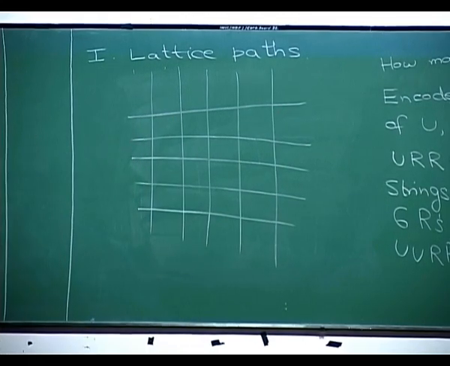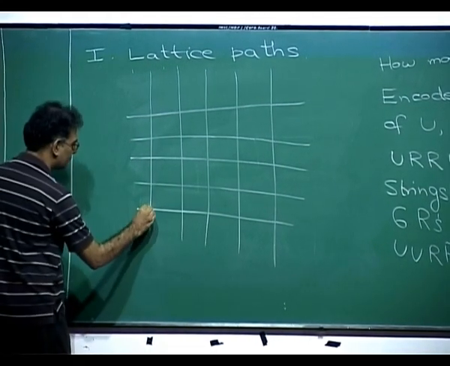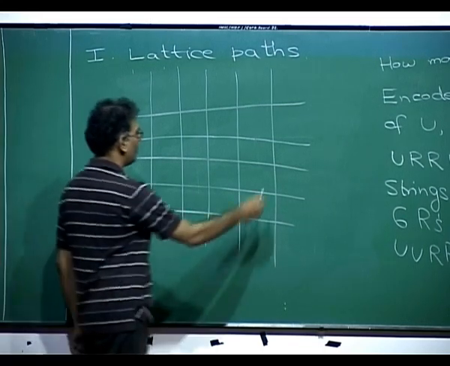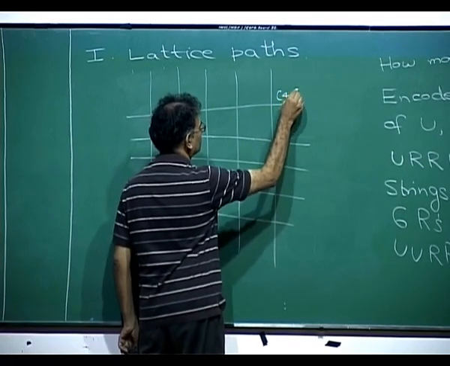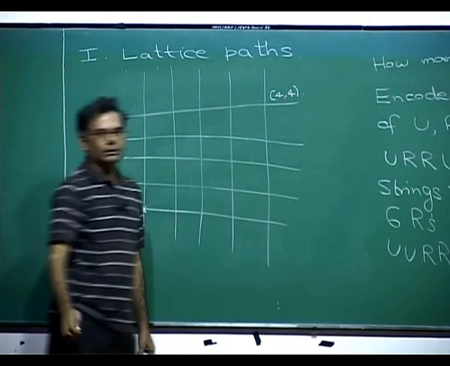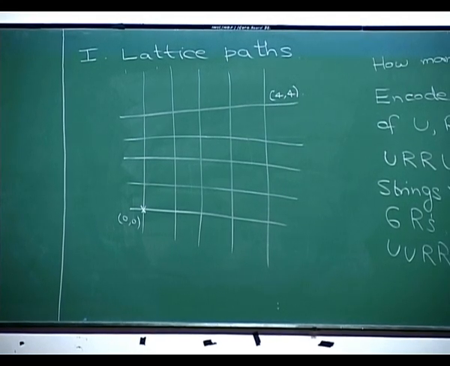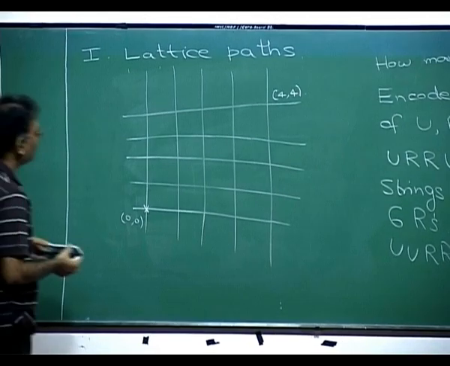So now let us say we want to go from 0, 0 to say the point 4, 4. We know the number of ways of doing that is 8 choose 4, right? M plus N is 8 and M or N are both 4, so 8 choose 4.